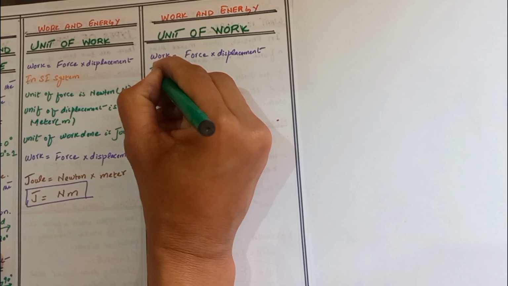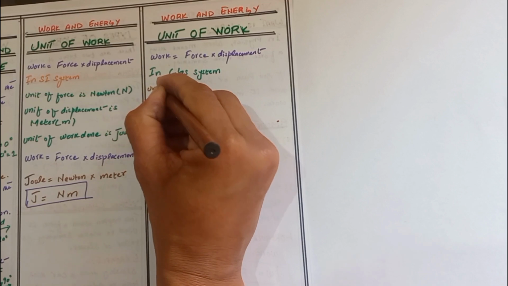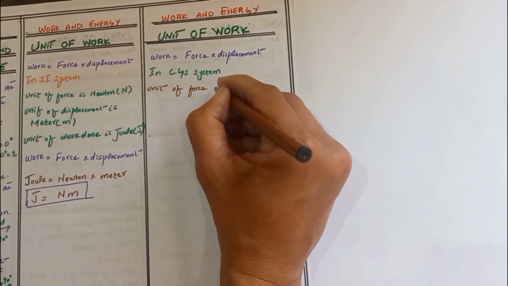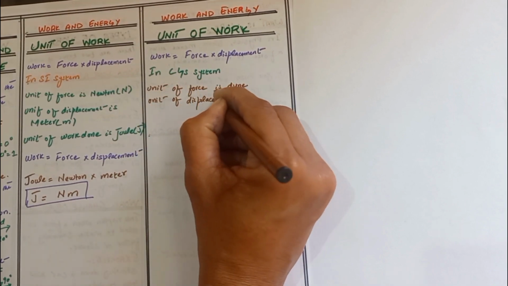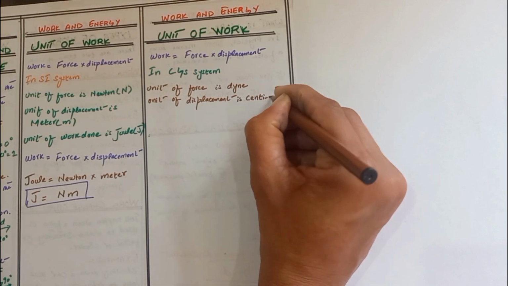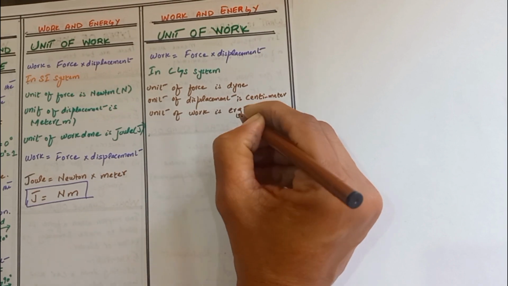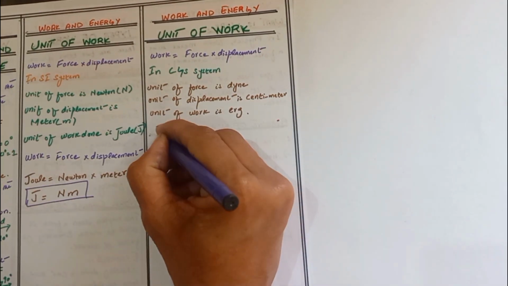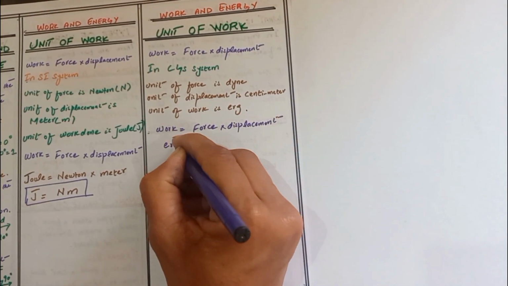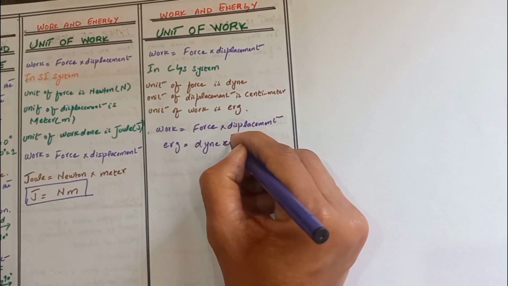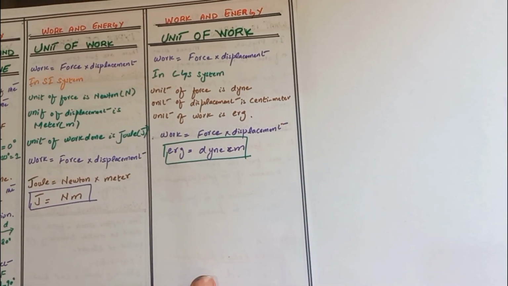In the CGS system, the unit of force is dyne, the unit of displacement is centimeter, and the unit of work is erg. So the unit of work is equal to force into displacement, that is, one erg is equal to one dyne into centimeter. That is the unit of work done in the CGS system.